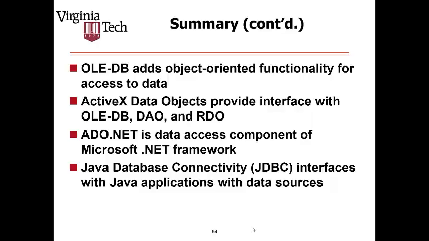The object embedded databases, the goal of these things is to try to provide access to object-oriented programmers in the way those programmers like to look at the world. Not so much in the correct way or the relational database way, but in the way that programmers like to look at the world.